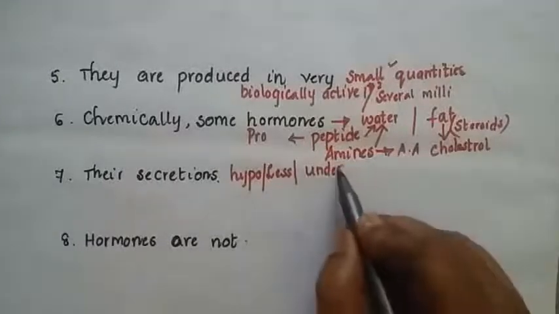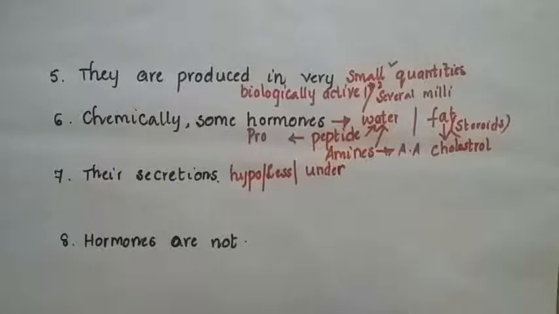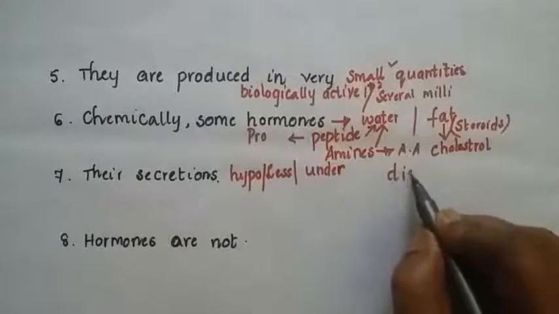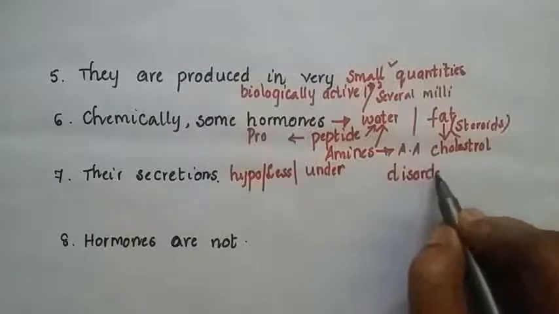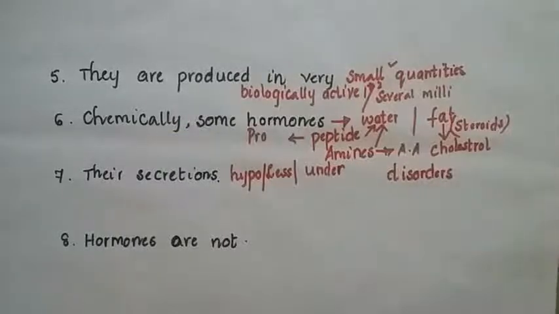Now take an example. If there is an undersecretion of insulin, or a hyposecretion of thyroxine, or a hyposecretion of adrenaline, it brings about a lot of changes in our body, or I can say that human beings start suffering from a number of disorders, which we are going to learn in detail in the later part of the lesson.